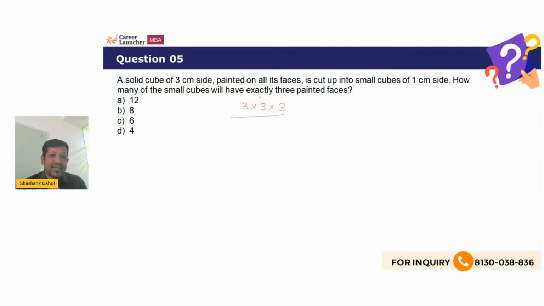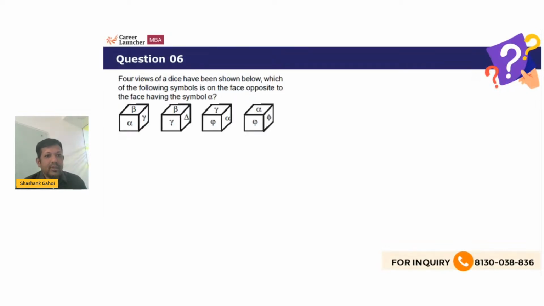What is the answer for exactly three faces painted? That's going to be option B, that is 8, because that number is always fixed. Very nice, very nice. Now this one.